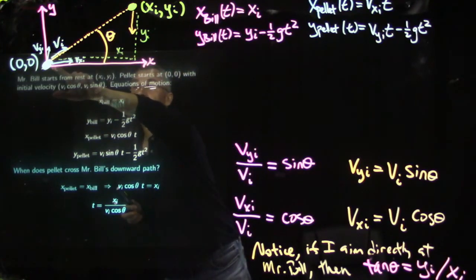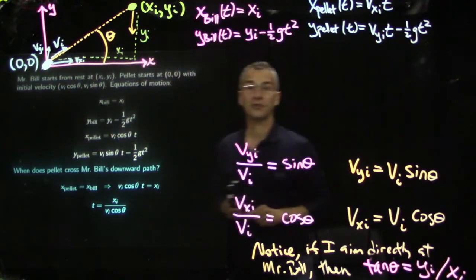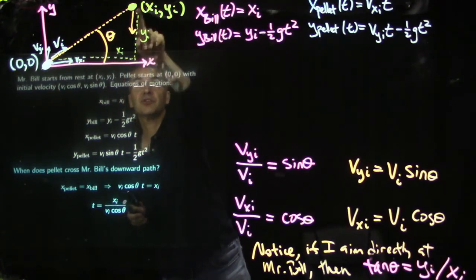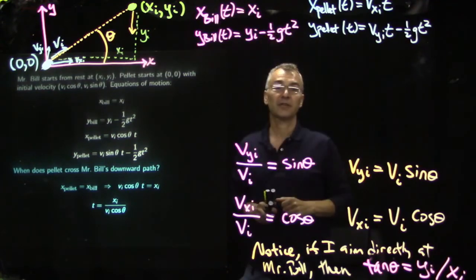And the angle of inclination of that initial velocity of the pellet with respect to horizontal is theta. And it's that same angle theta from where I'm standing over to Mr. Bill's initial position with respect to me, where he's holding on to the tree before letting go.